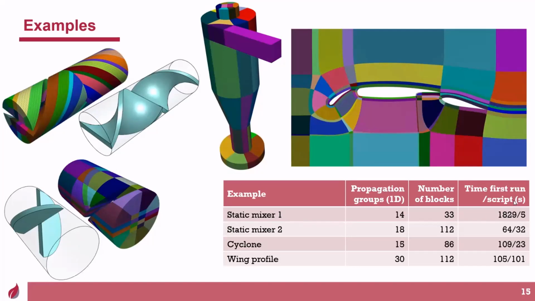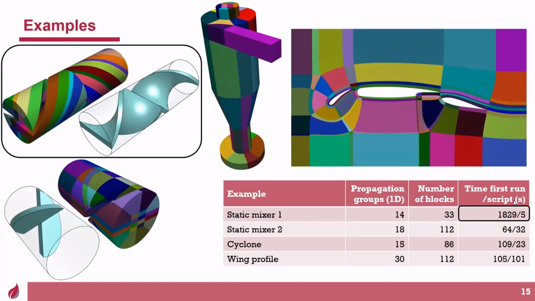Another thing about the smart dump feature is that, for example, in the first static mixer, as there are some geometrical operations during the first run, it's going to take a lot of time, 2,000 seconds. But when we use the dump feature and rerun it, we are going to get exactly the same result in only 5 seconds.